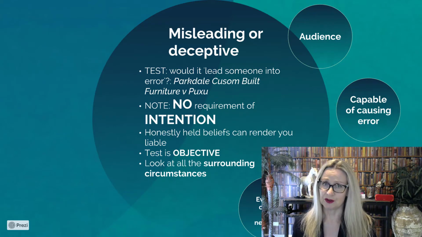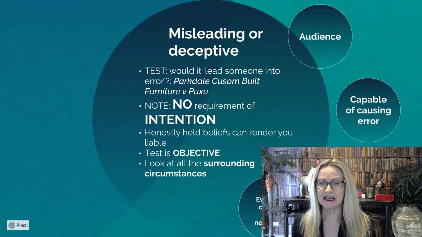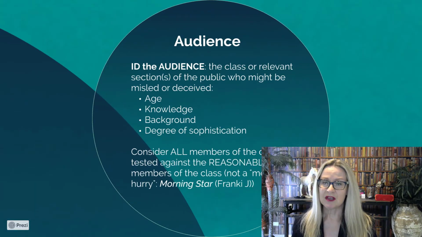And there are a few salient aspects that we need to consider when we are trying to determine whether conduct might be misleading or deceptive and therefore contrary to Section 18. The first thing is that you need to think about your audience. And this is what you'll find once you've read a few cases on Section 18.